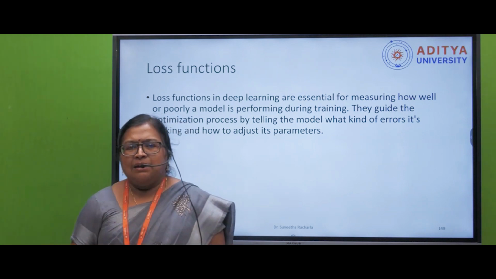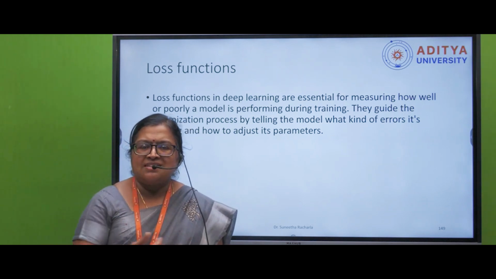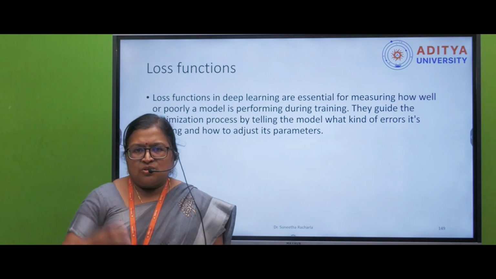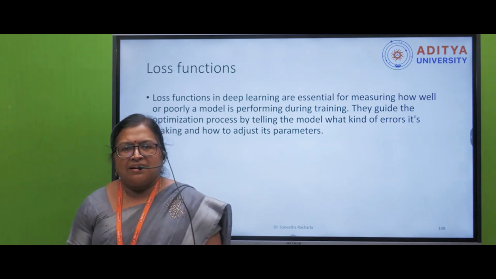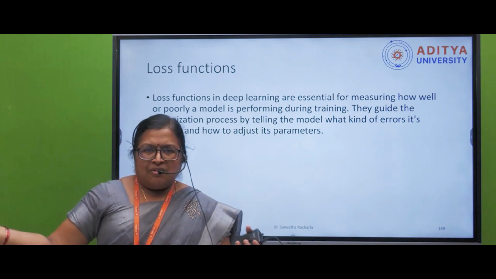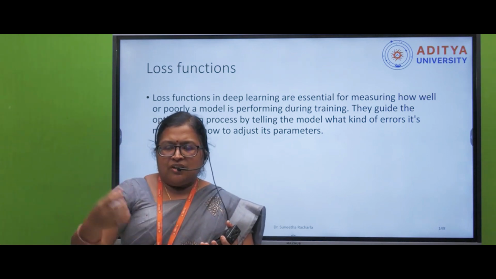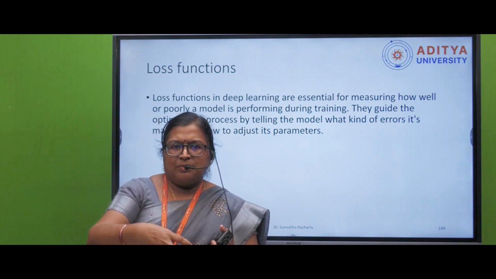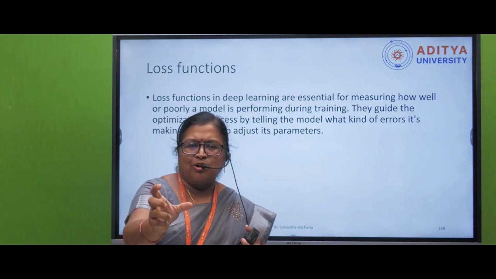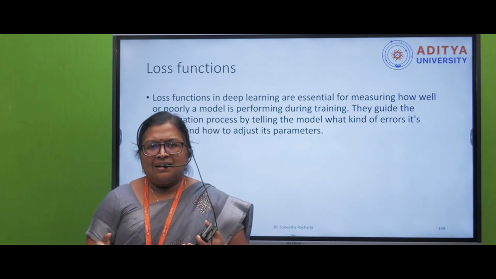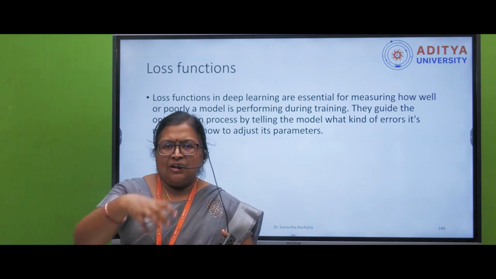Suppose the output is a medical image; going from actual to predicted, you can't state a single real number as the error. There should be some function to capture all of this.